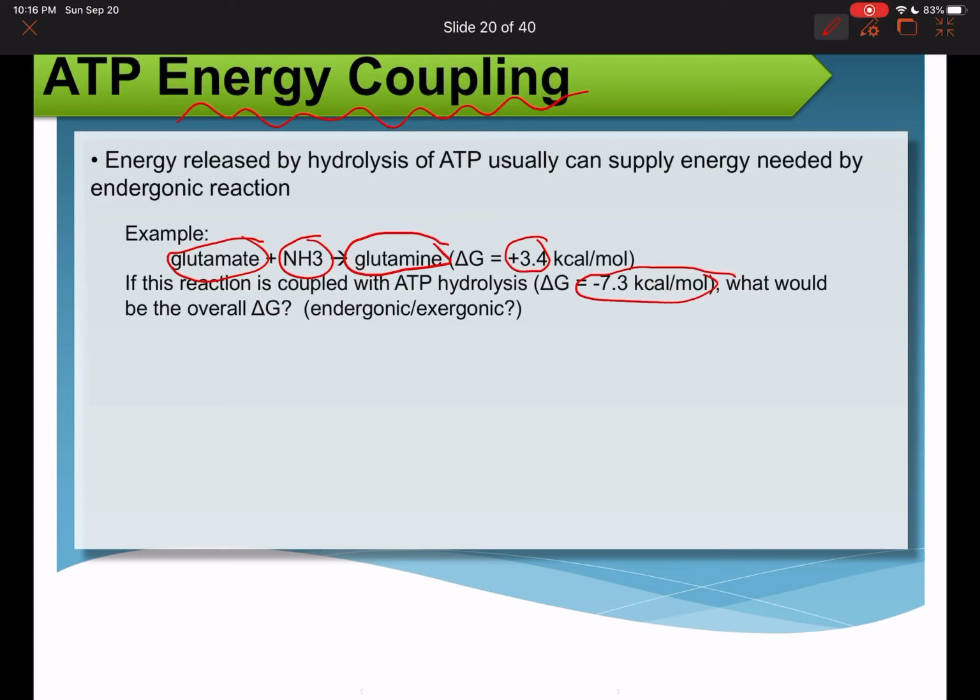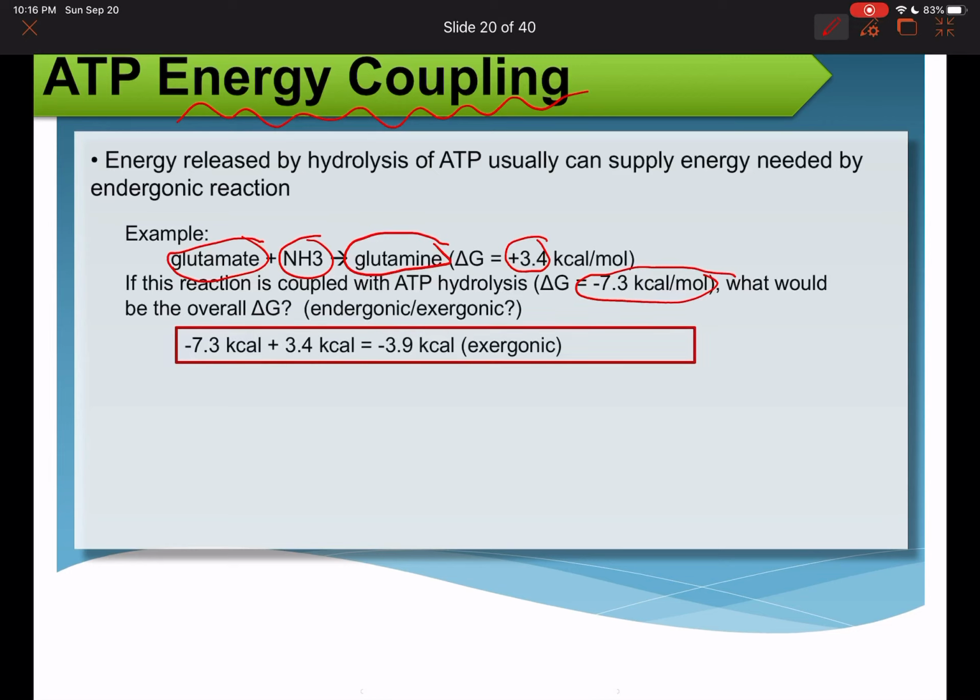Is the amount of energy provided by one ATP molecule enough to power the reaction? And what will be the overall delta G of this energy coupling between ATP and the endergonic reaction right here? Or in a sense, is this reaction endergonic or exergonic overall then? So let's go through the calculation.